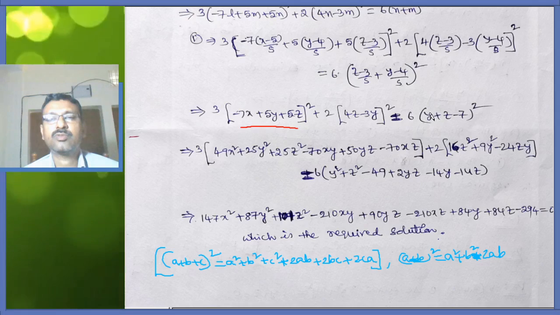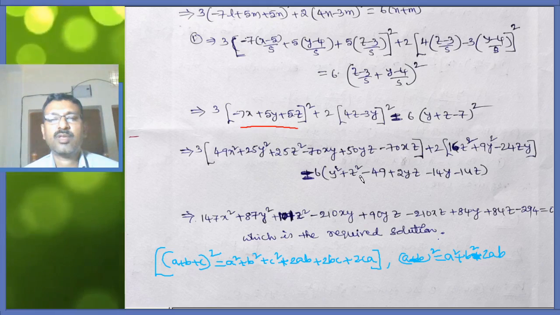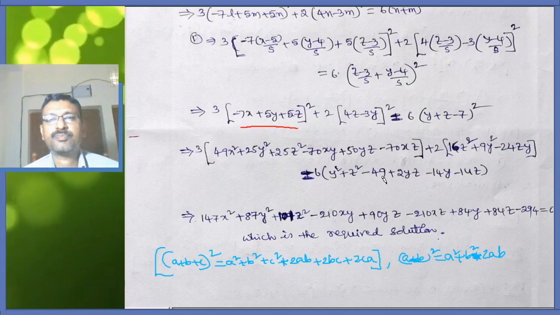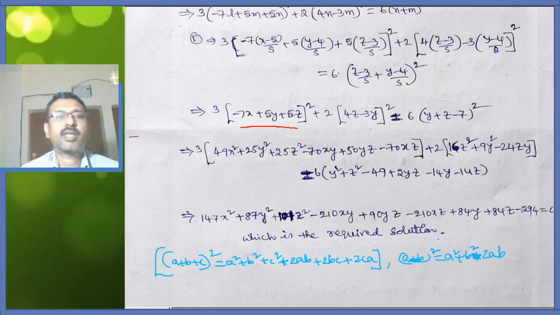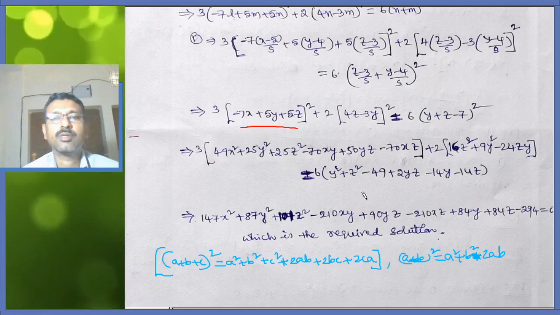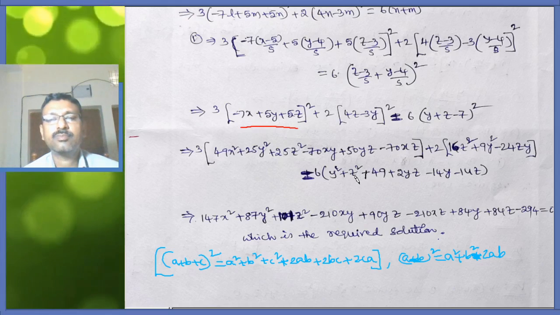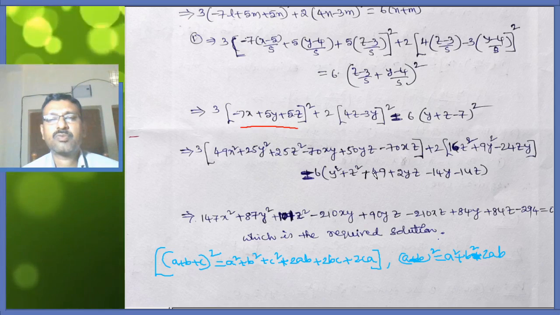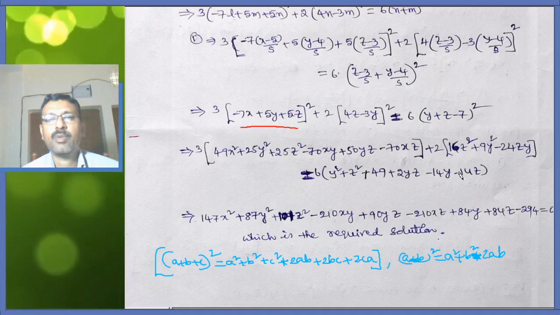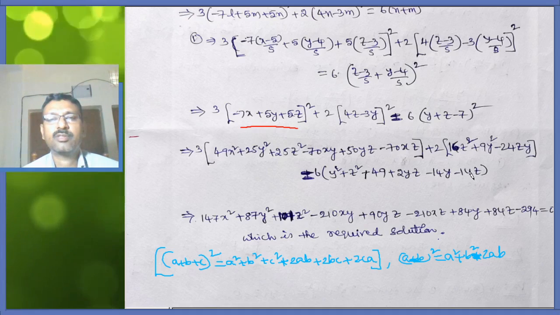Here also we use a plus b plus c whole square. 6 into a square plus b square plus c square. Actually this is plus, not minus, sorry, this is plus. Y square plus z square plus 49 plus 2yz minus 14y minus 14z.